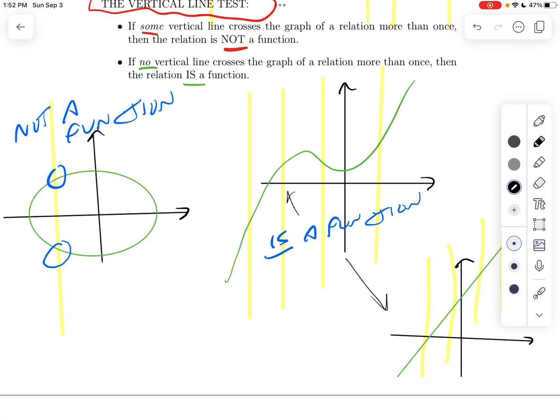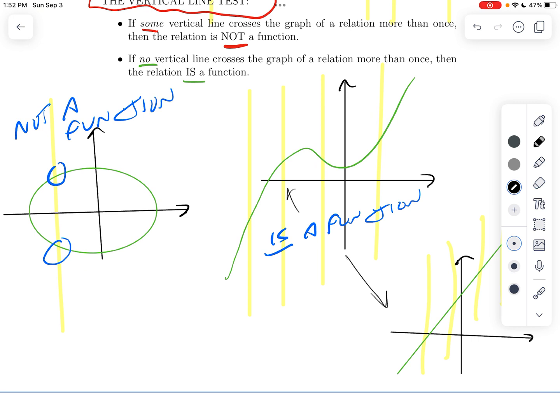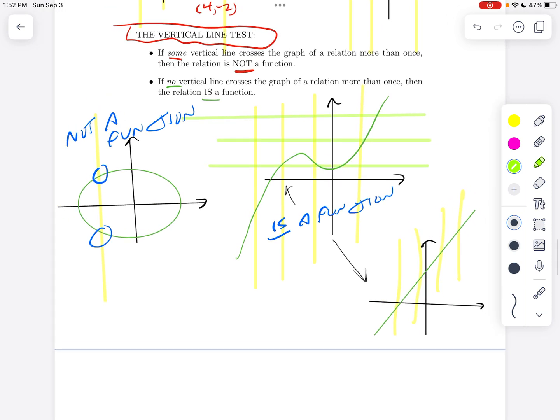Now, there is a difference between the last two. If we look at horizontal lines, some horizontal lines cross this only once. Some horizontal lines cross more than once. But that's not what we're assessing here. So I'll just make this as a little note.